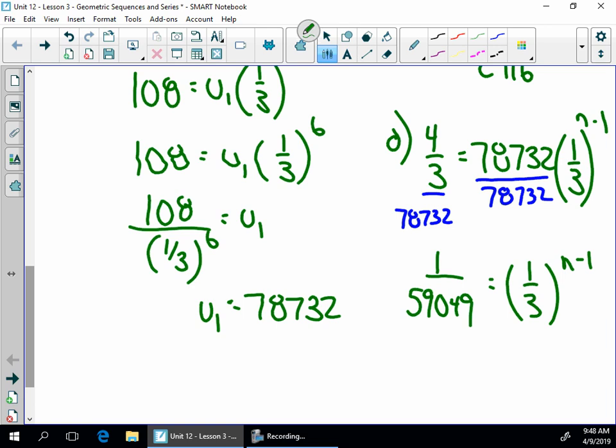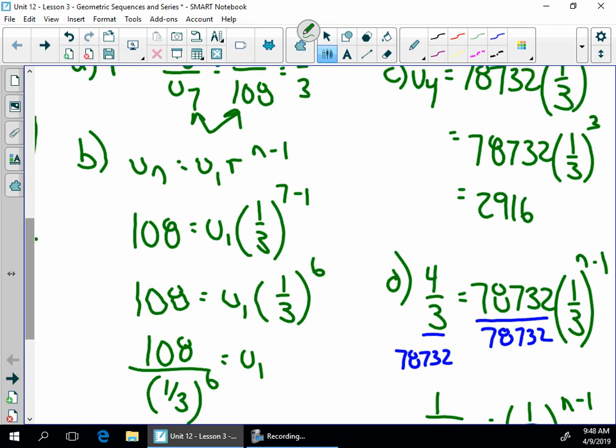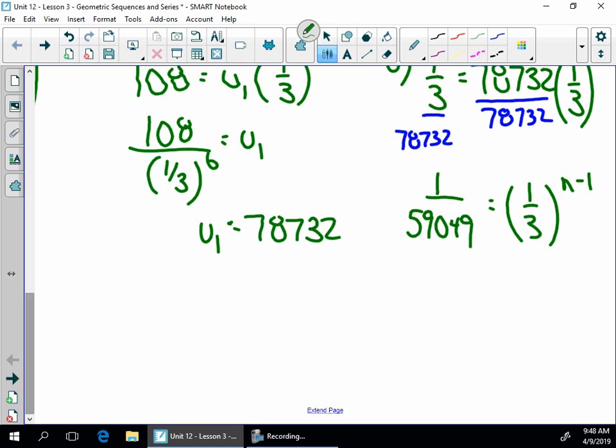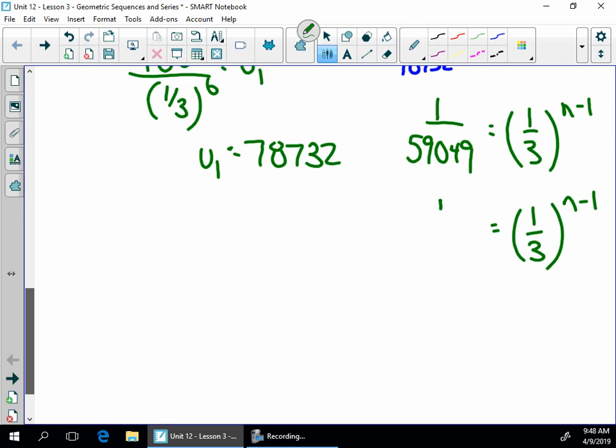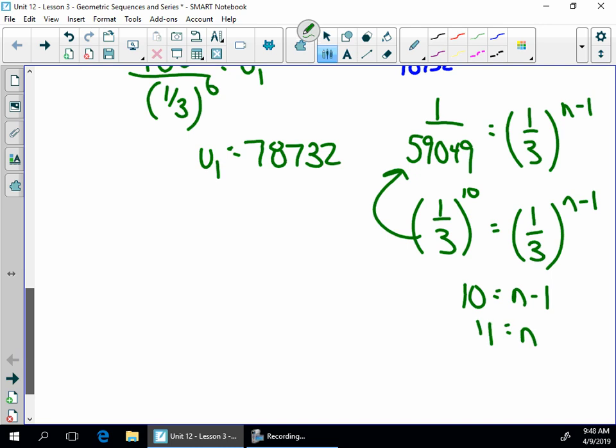And the way we can solve this like an exponential equation is make your bases the same. If you make your bases the same, that means the exponents have to be the same. In other words, if I keep that the same, I ask myself, what exponent do I need on 1/3 to make it into 1 over 59,000? Guessing and checking exponent rules. I'm trying to make my 3 basically into this, right? That works if I use a 10. Well, if the bases are the same, that means the exponents are the same, and I can solve the exponent.